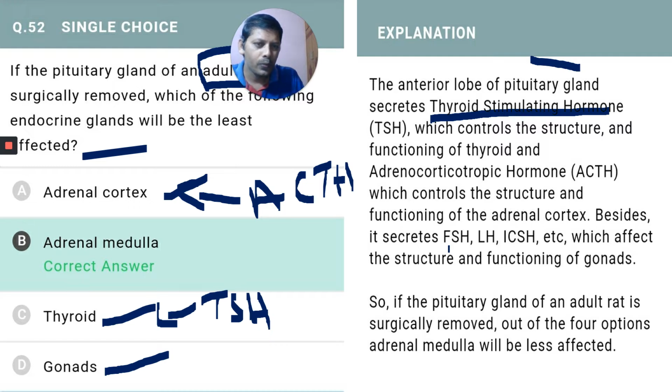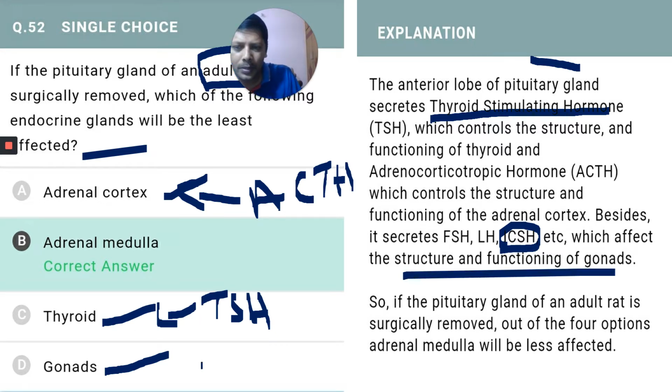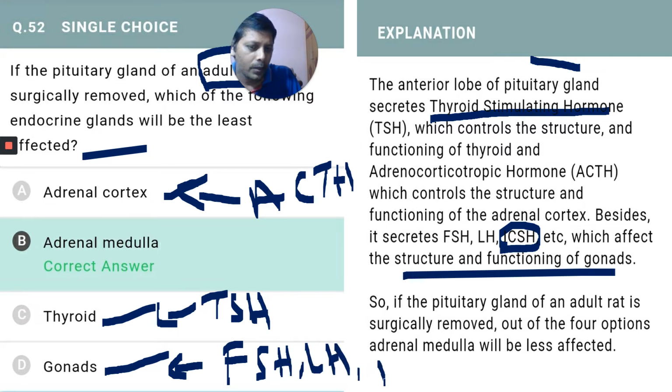Besides, it secretes follicle stimulating hormone, luteinizing hormone, and interstitial cell stimulating hormone, meaning the Leydig cells in males. Note this down: these affect the structure and functioning of the gonads. That means gonads are also affected by these hormones, FSH, LH, and ICSH in males.